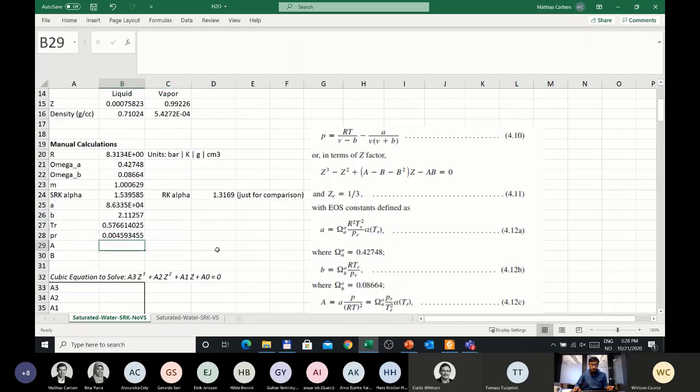And then we have the value of A, which is omega A times the reduced pressure. The reduced pressure is this number here, divided by the reduced temperature times the alpha correction term.